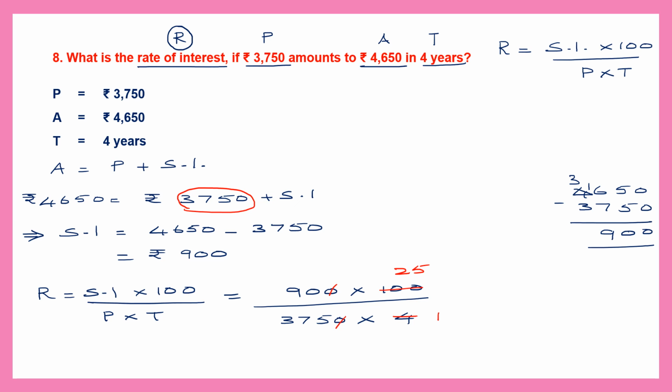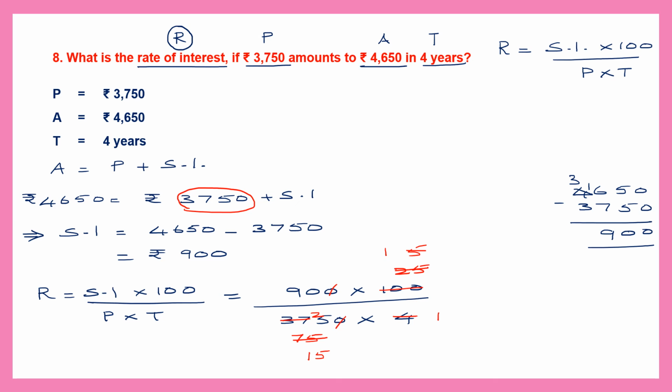Now what else can we cancel? I can cancel 25 and 375 by 5. Let's see. So this will be 5 fives are 25. 5 sevens are 35. Then we have 2 25. 5 fives are 25. Now I can again cancel 5 ones are 5 and 5 into 15 is 75.